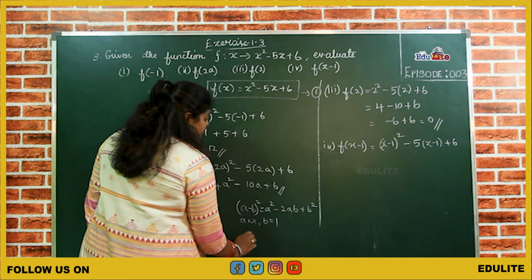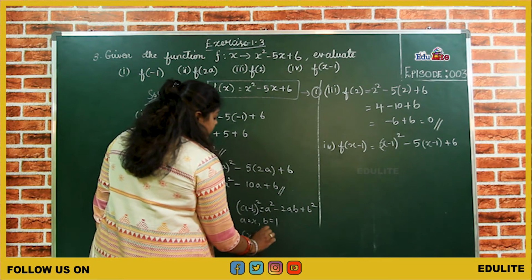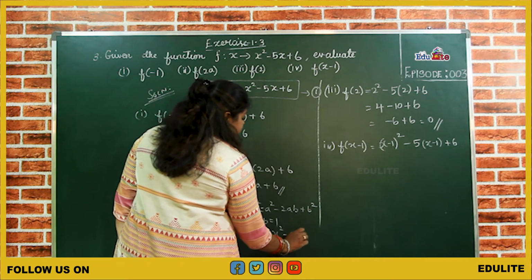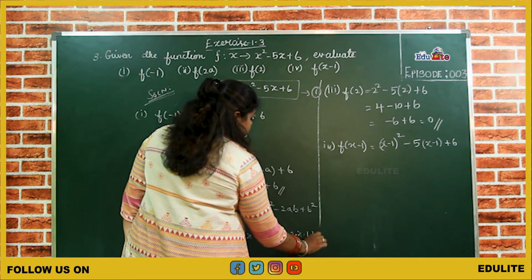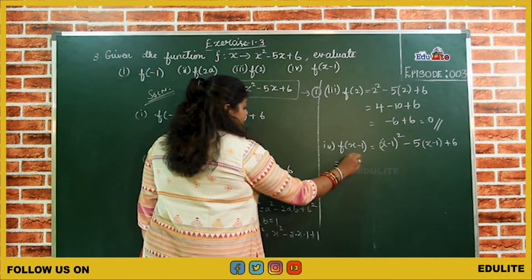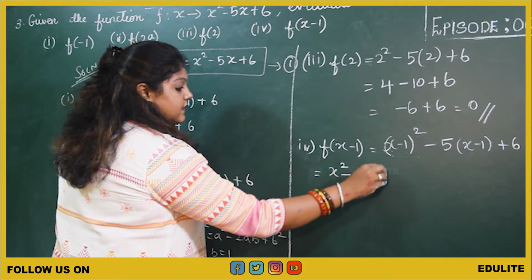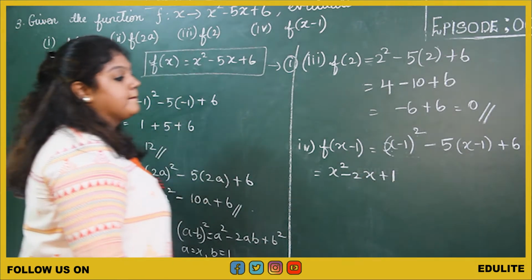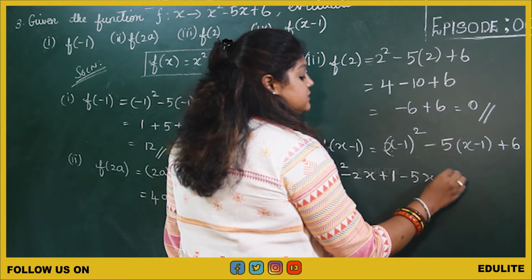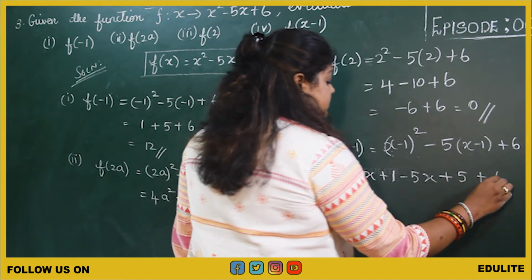So, it will become x minus 1 whole square equals x square minus 2 into x into 1 plus 1. So, this we are going to substitute in place of this: x square minus 2x plus 1, and here minus 5x, minus into minus, plus 5, plus 6.